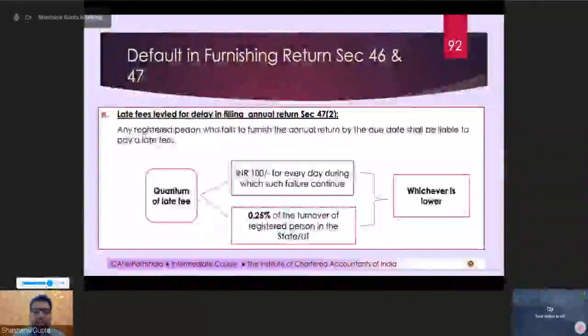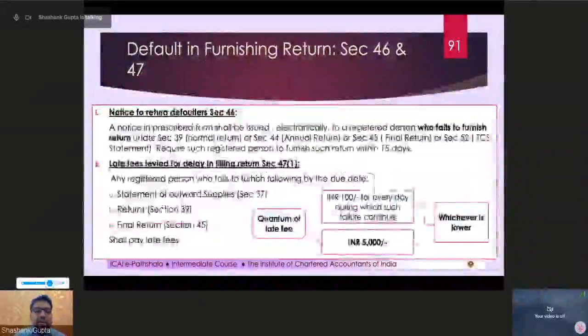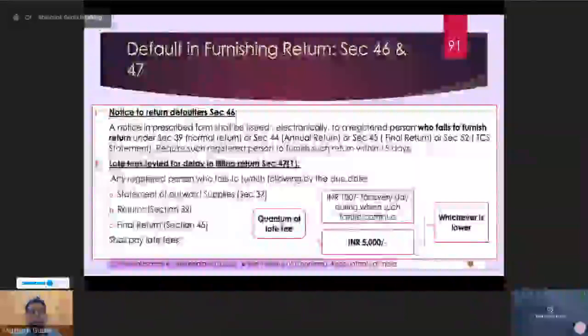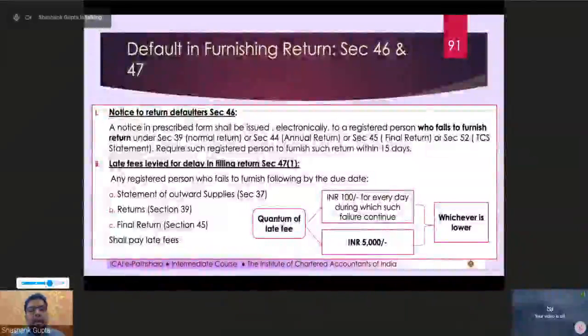Someone was asking what is the late fee and penalty for returns. So you don't wait for the entire session, you just simply push on to ask, right? So here it is. If anyone fails to furnish his return as required, then a notice can be issued to them under section 46.